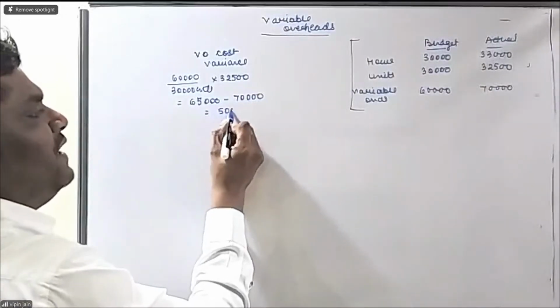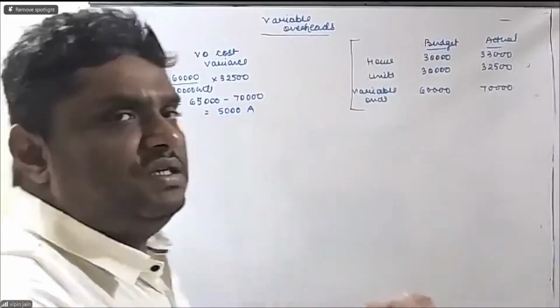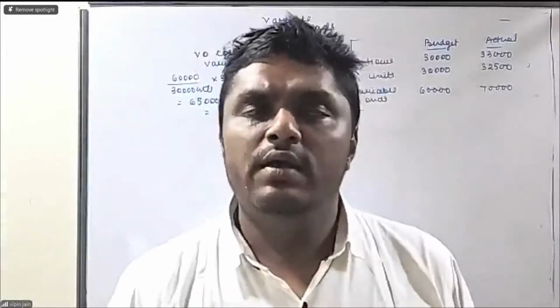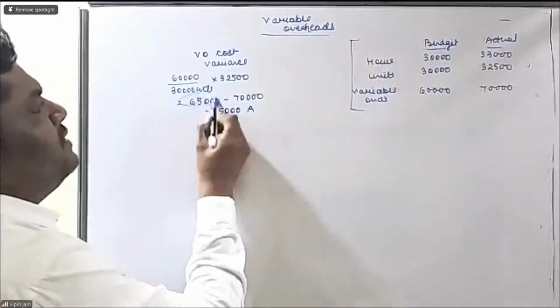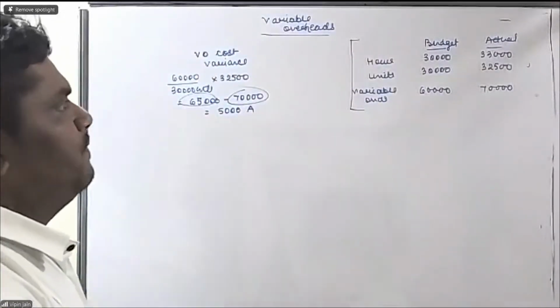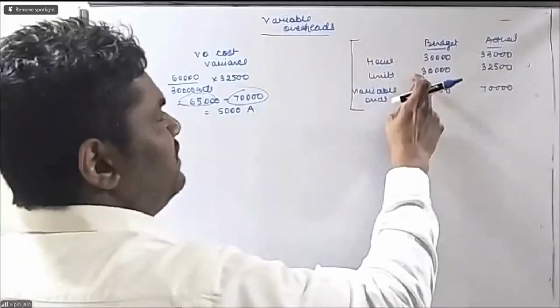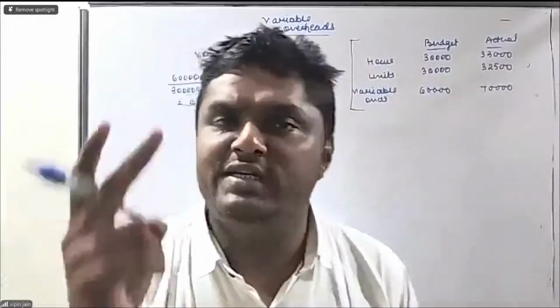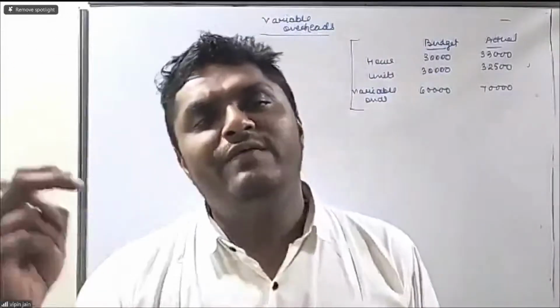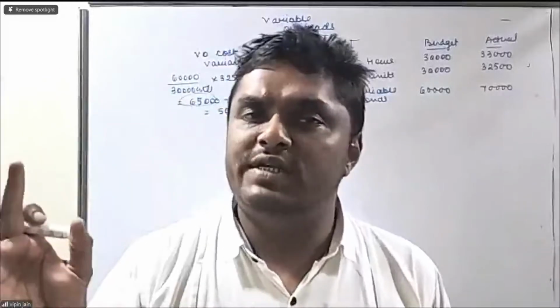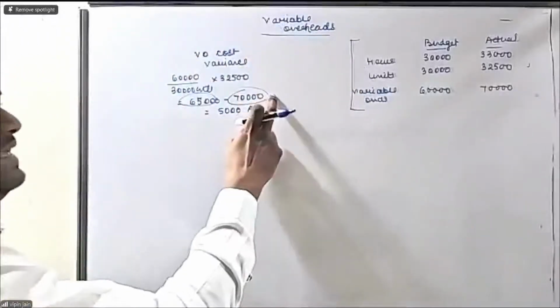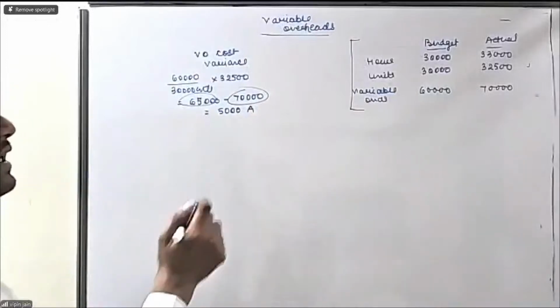So this is 5,000 adverse. Again, the concept is similar to fixed overhead: absorbed overheads minus actual overheads. 60,000 for 30,000 units means the absorption rate is 2 per unit. So 32,500 into 2 is 65,000 absorbed overheads, minus actual overhead 70,000, so 5,000 adverse.